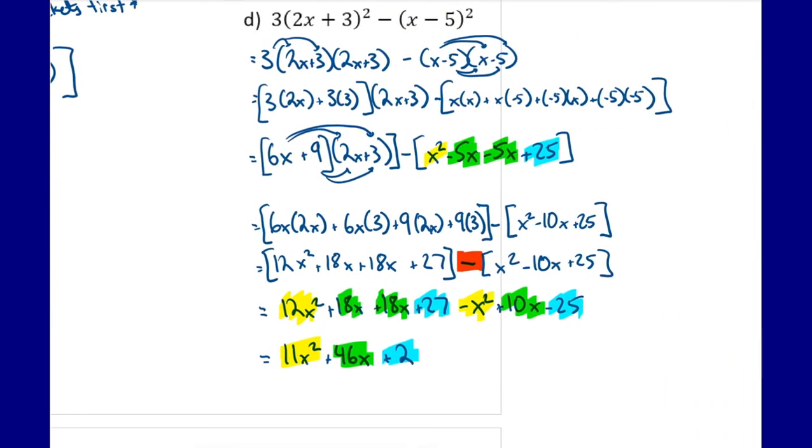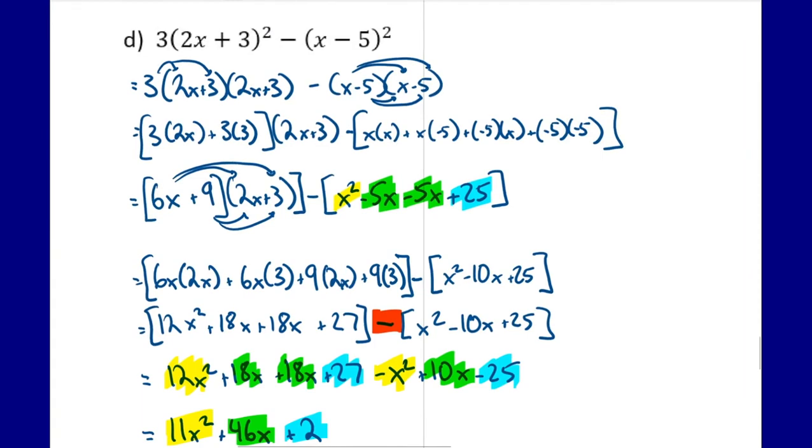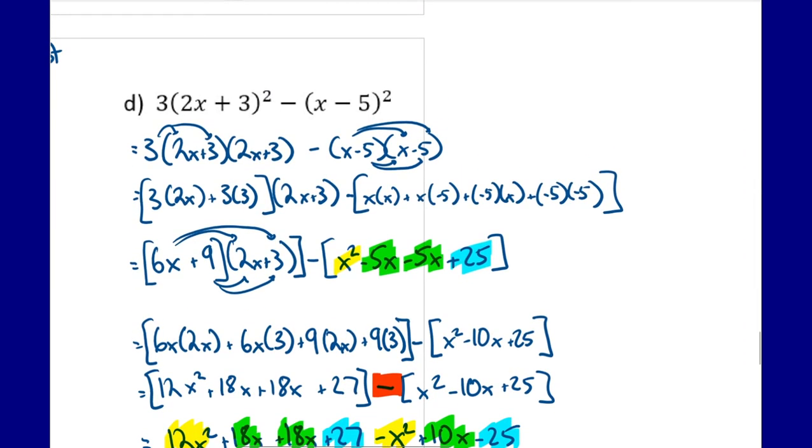Now D is a tricky one because there are a lot of things we have to take into consideration. The first thing you should have recognized was the exponents. So the exponents mean it's something multiplied by itself. In this case, what's being multiplied by itself is the entire bracket.